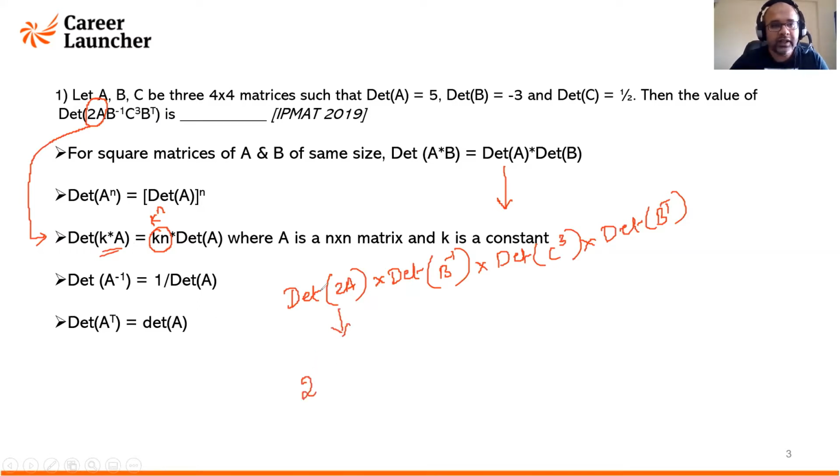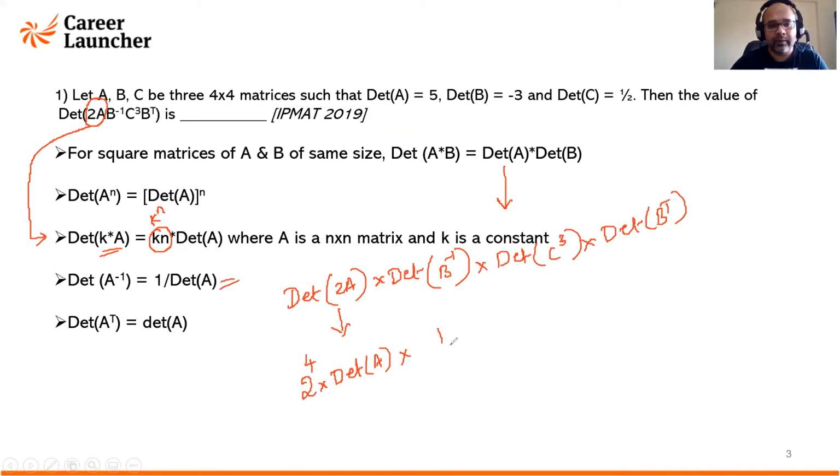Now what is the dimension of A? The dimension of the matrix is 4 by 4. So 2 power 4 into determinant of A, multiplied by what is determinant of B inverse? I will use this property.